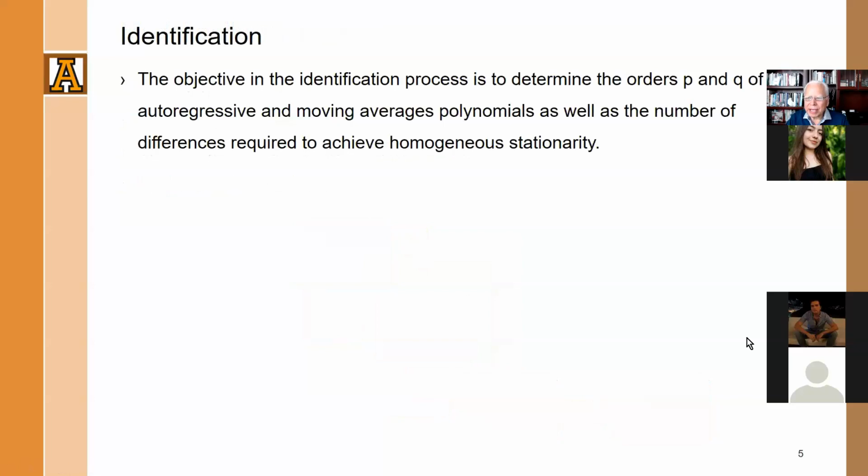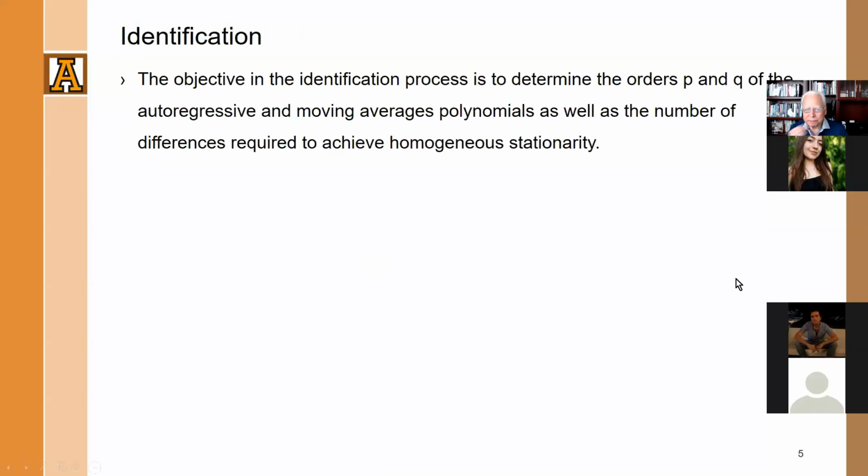Now, the identification part is very important, and what we want to achieve in the identification part is essentially to determine the orders of the polynomials P and Q, the orders of the autoregressive part and the moving average part.